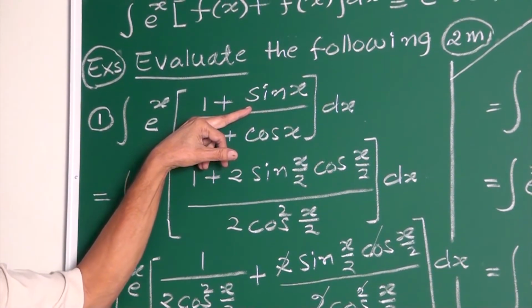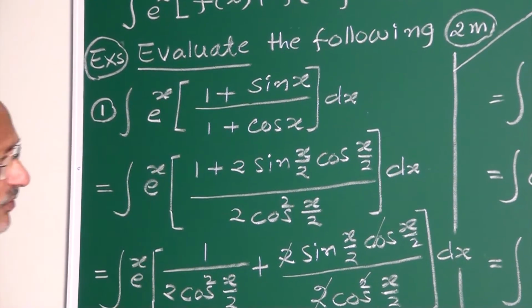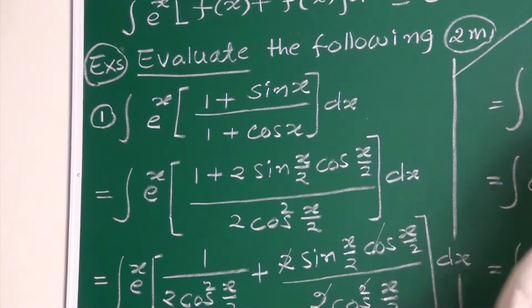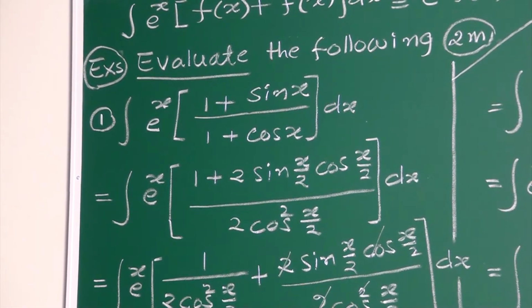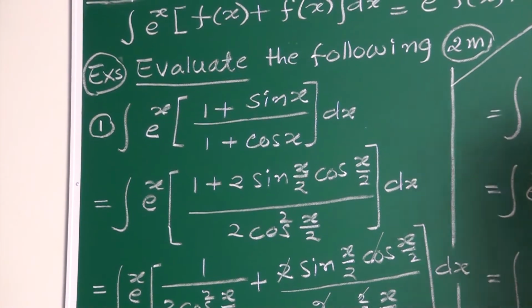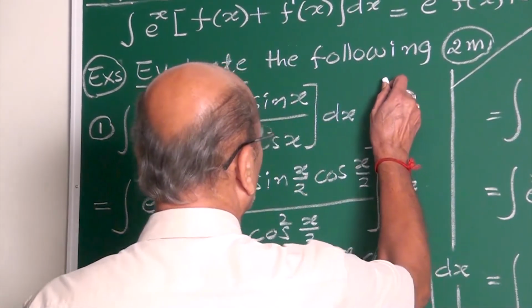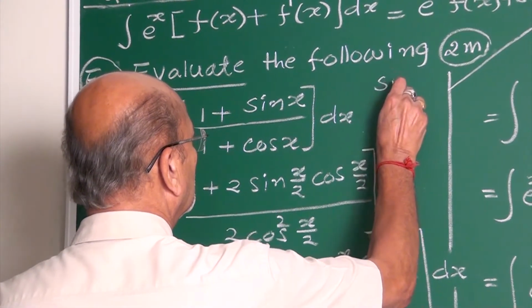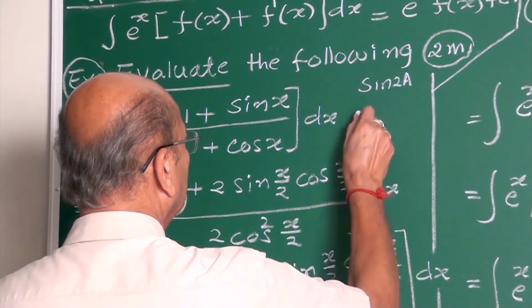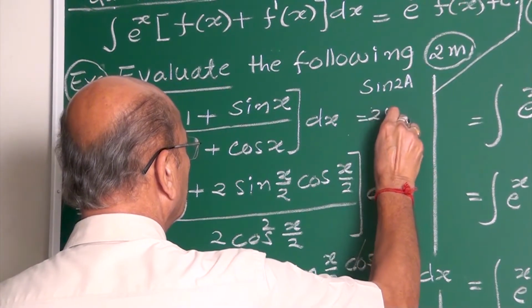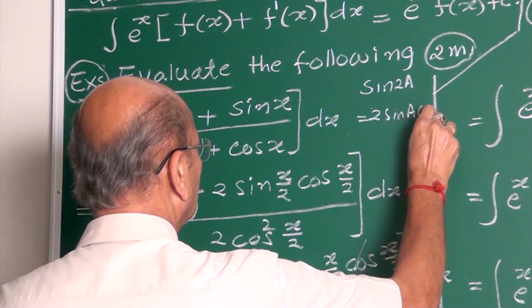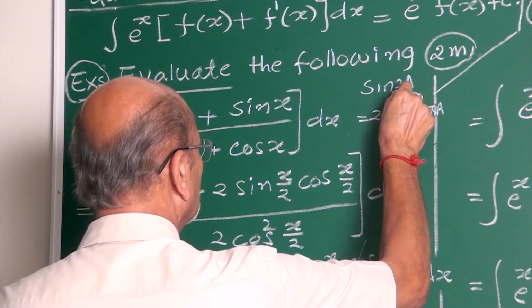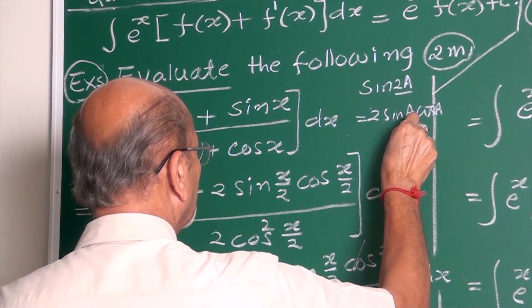You know the formula for sin 2a. What is the formula for sin 2a? Sin 2a is 2 sin a cos a. 2a becomes a.